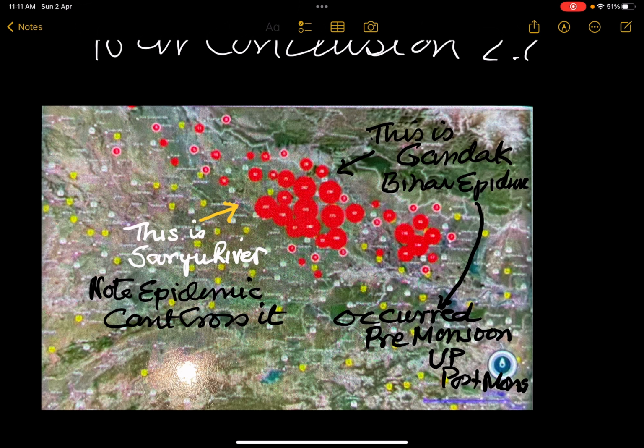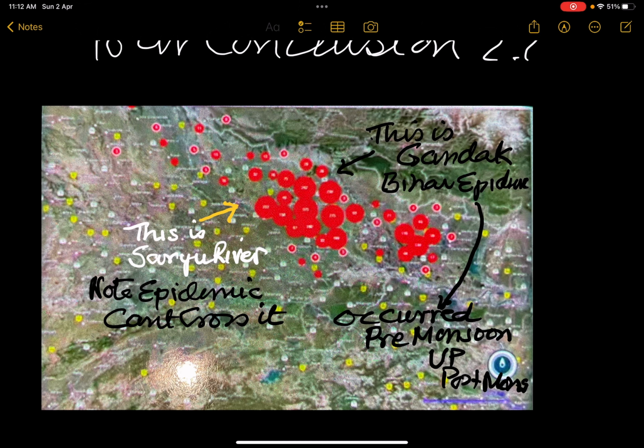That means that when the water sources dried and the water sources were being used by the population both for cleaning and drinking purposes, the virus spread by the fecal-oral route and the epidemic started pre-monsoon in Bihar.